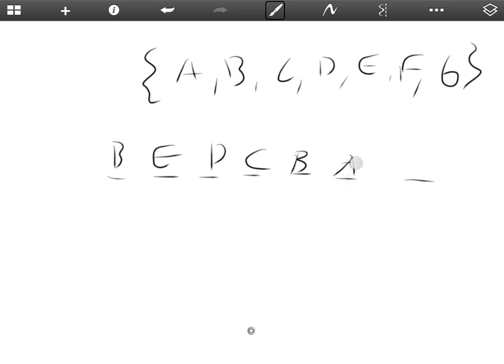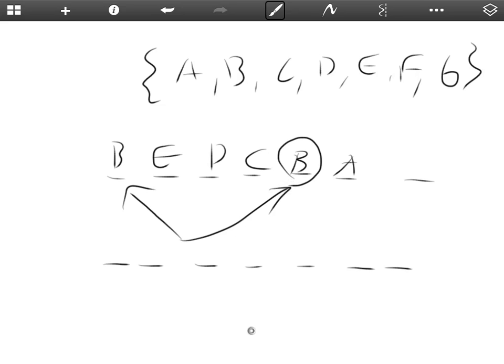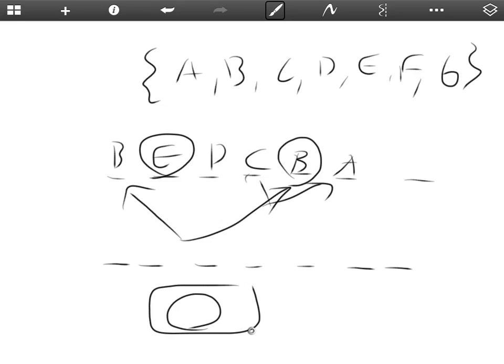You simply cannot have two B's. You're only allowed to take every element one time, so this is definitely not allowed. And you couldn't try reordering in such a way that you can get both of these. It's impossible because this B is surrounded by this C and this A, so there is no way you could put an E after this B. So there are 0 ways that you could answer this problem, and that's the end.